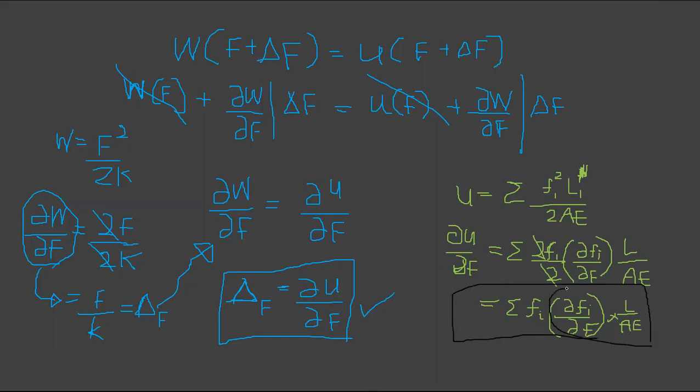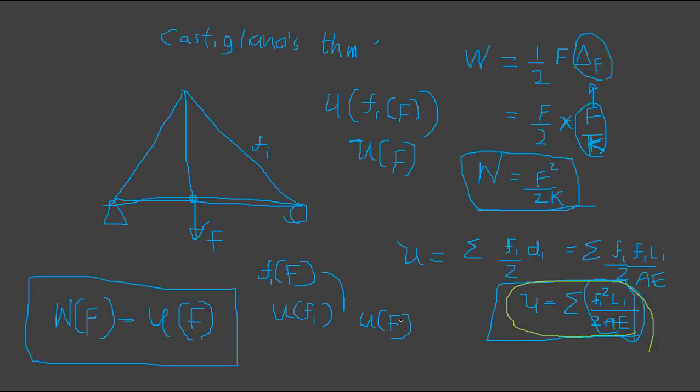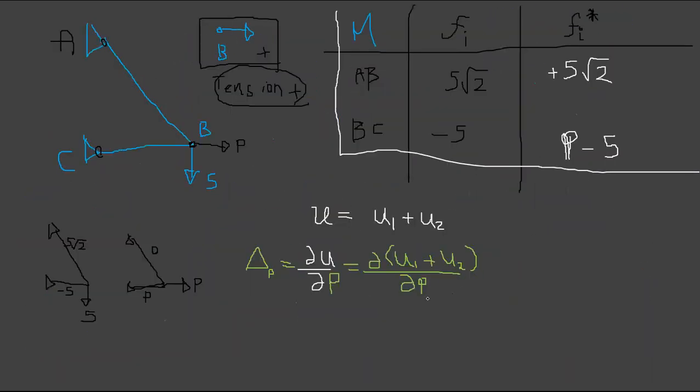So this term is what you need, right? This is dU by dP. For each member you have to do this and calculate.